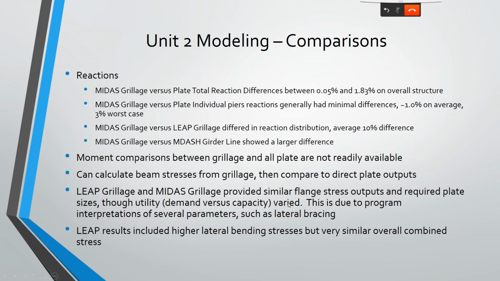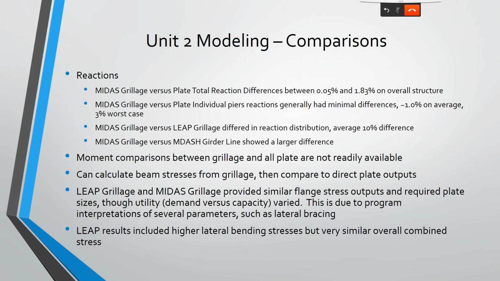In the LEAP grillage and the Midas grillage, they provide similar stress outputs and required plate sizes. Again, the utility varied. Program interpretations did play into this. Lateral bracing was one of the ones that we identified, where you're explicitly telling Midas what the lateral bracing should be for each member for that length.